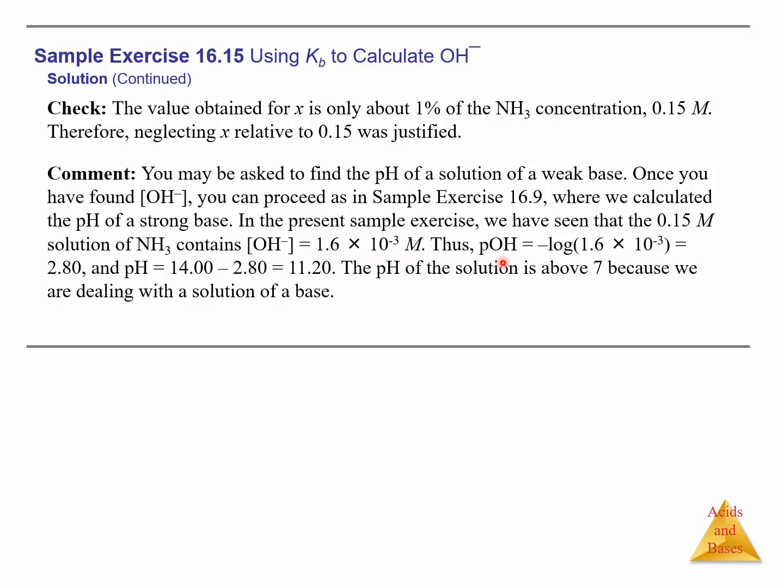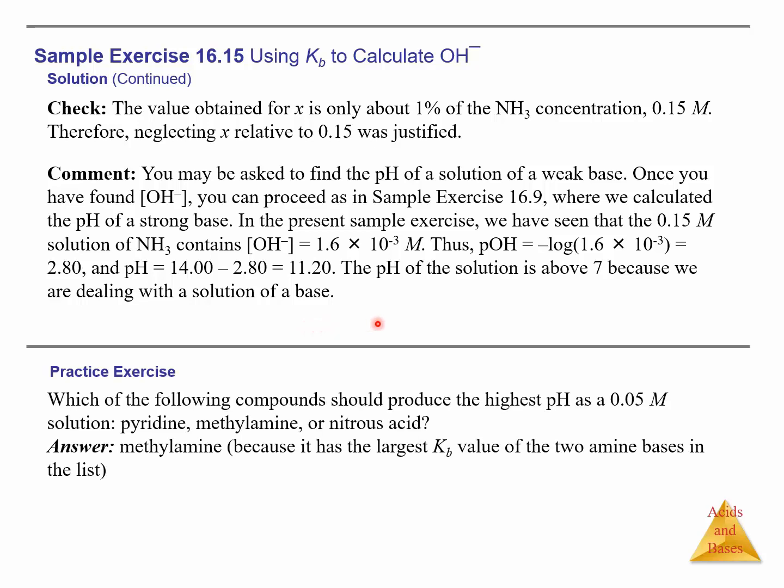We find pOH to be minus log of this, which equals 2.8, and pH equals 14 minus 2.8, so the pH is 11.2. The pH of the solution is above 7 because we are dealing with a solution of a base.